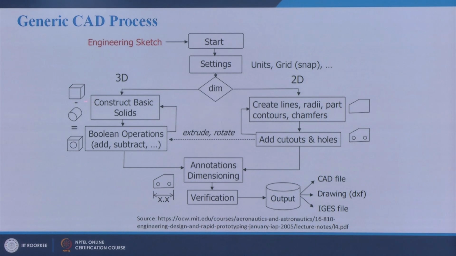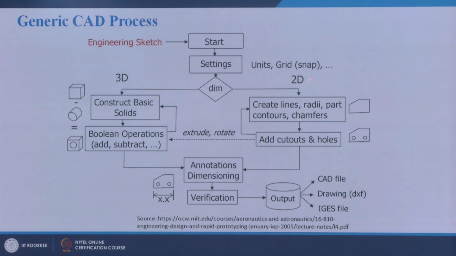There is a solid cube here, there is a cylinder here, and if you subtract the cylinder from the cube, you get this shape. So if you are working in 3D, this type of operation you can do. You have a solid thing, a thing you want to remove from it, and this is the final product that you get. This type of modeling you can do in 3D.